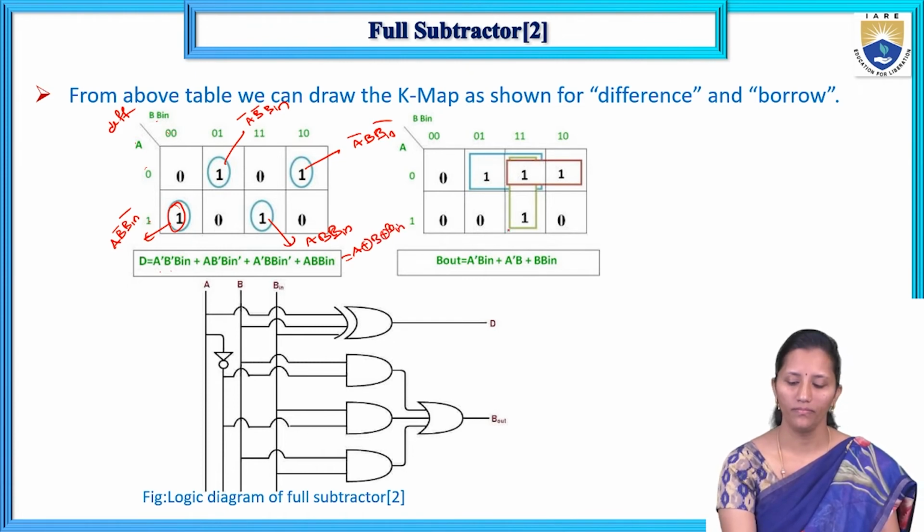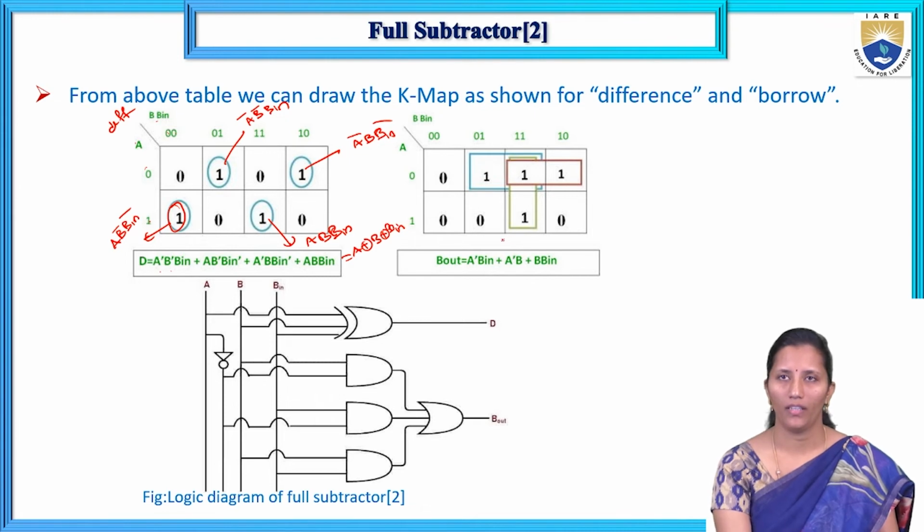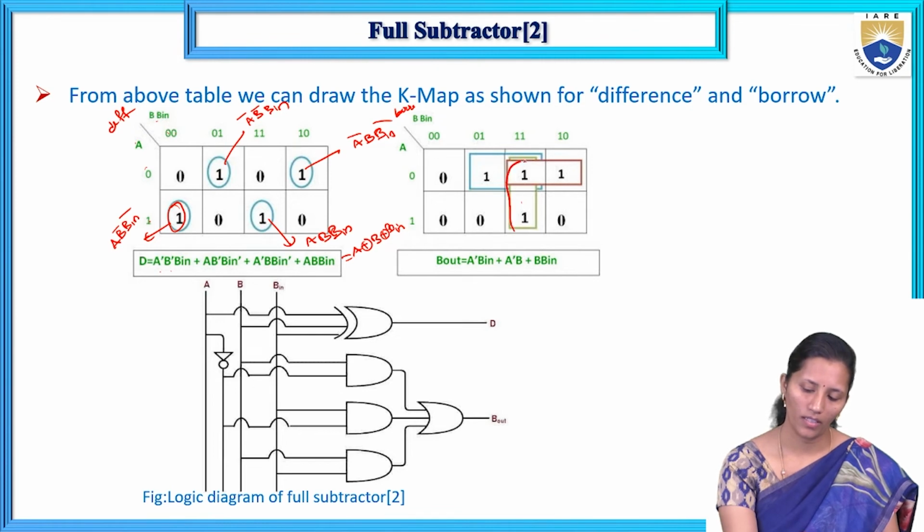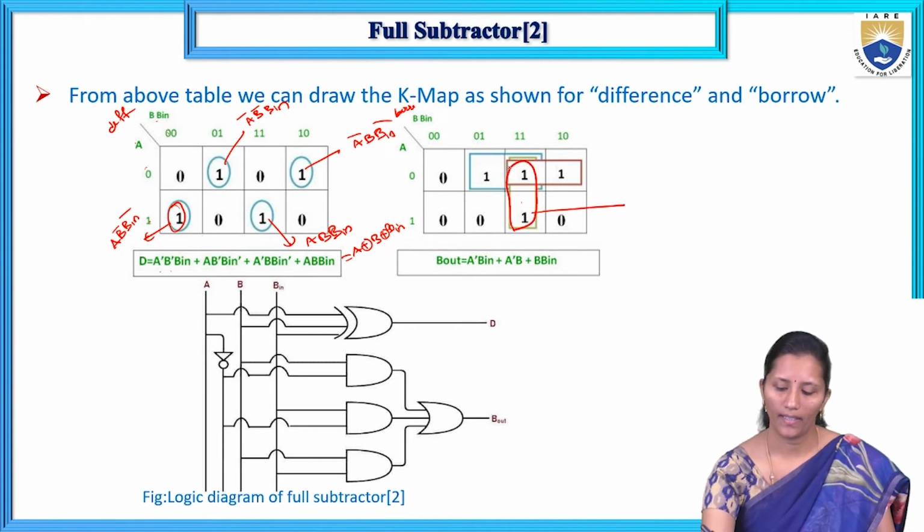Okay. If we write the equation for the borrow, if we draw the K map, we have to mark where we are getting ones and pair the ones here. So for this one, what will we get as the literal here? This one is A, B, B in, because both are 1, 1, so B in.